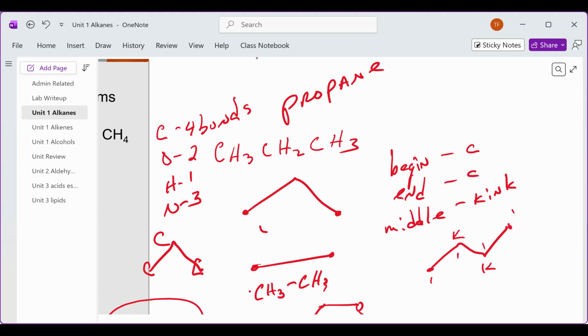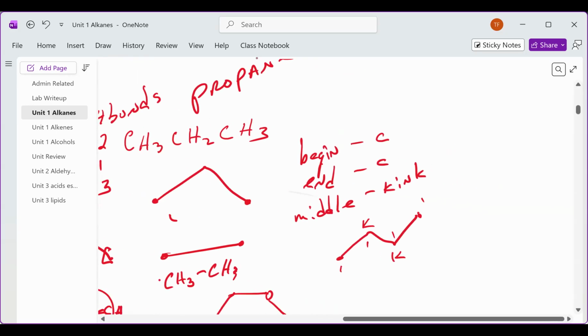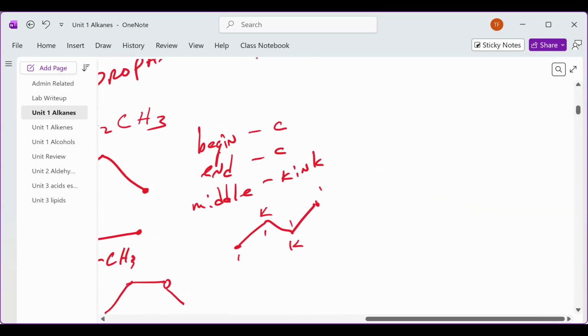Oxygen can attach to an organic molecule two ways. So say we have, that is the backbone, the carbon backbone. Say we have an oxygen that needs to be attached, something like that.